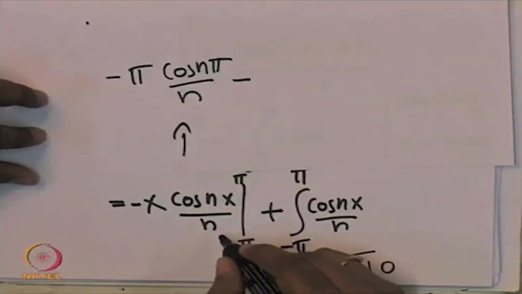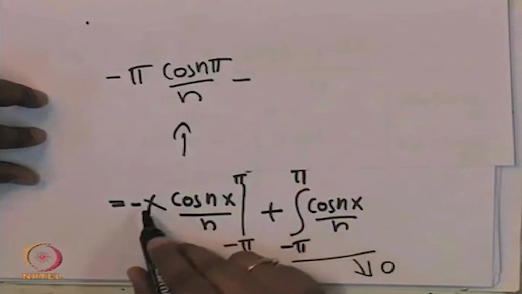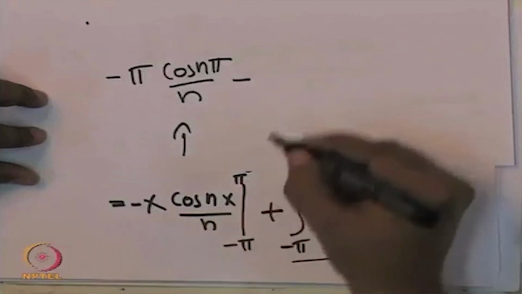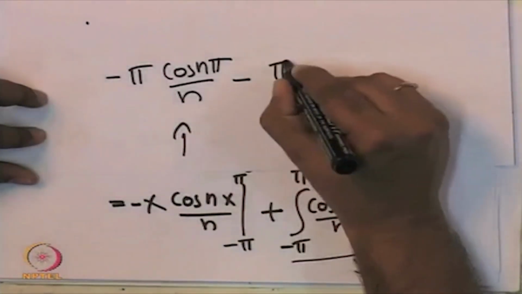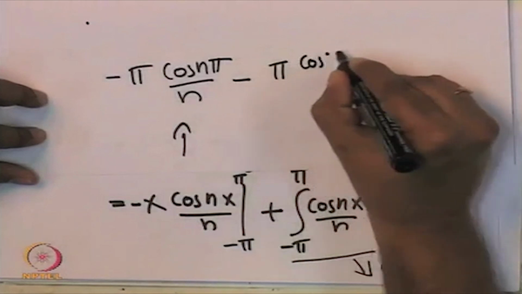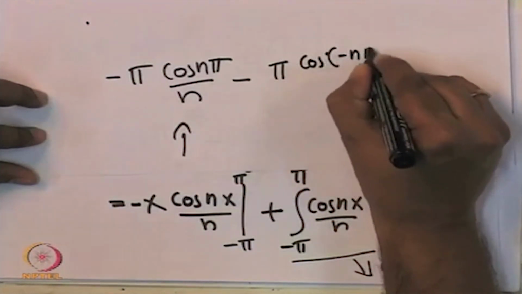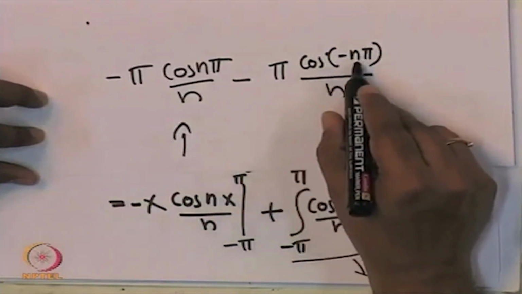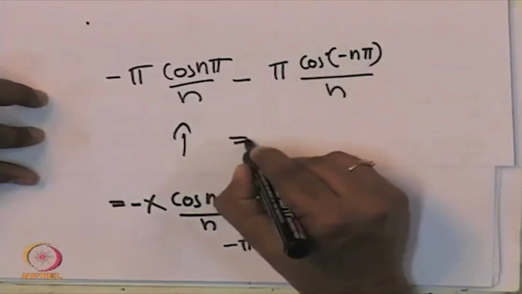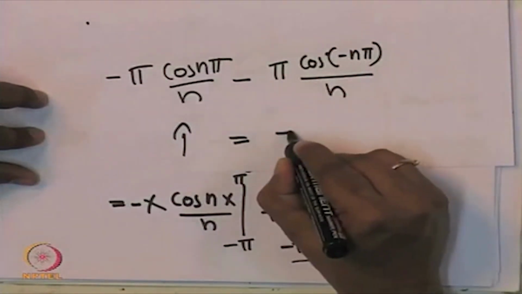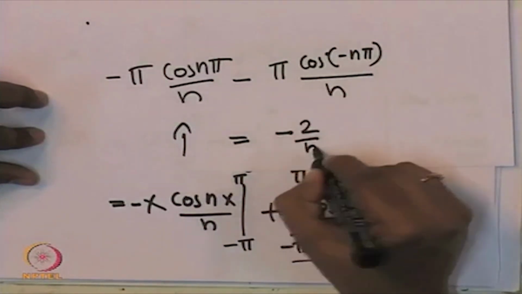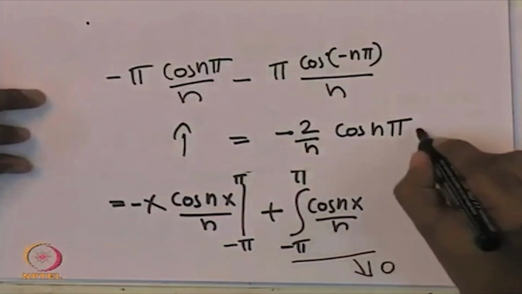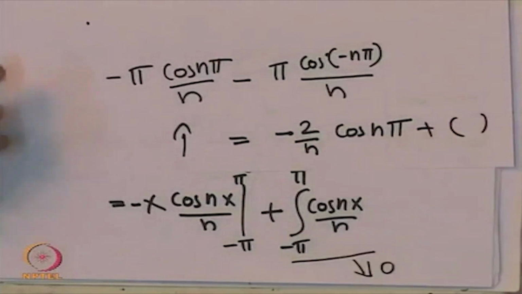When you apply minus x with x equal to minus pi, this will become plus, so this is minus itself, and this is again pi cos minus n pi divided by n. You know that cos minus n pi is the same as cos n pi. So, this will become minus 2 by n cos n pi, plus some term which will essentially become 0.